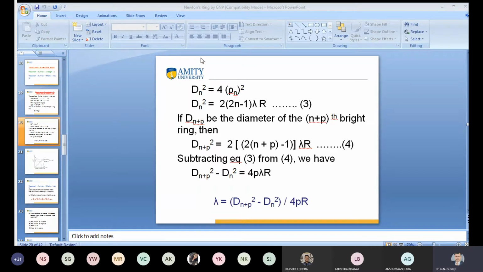Using the value of rho n square calculated previously, dn square is equal to (2n minus 1) lambda r. This is equation number 3, for the nth bright ring. Suppose that dn plus p is the diameter of the n plus pth bright ring, what does it mean?